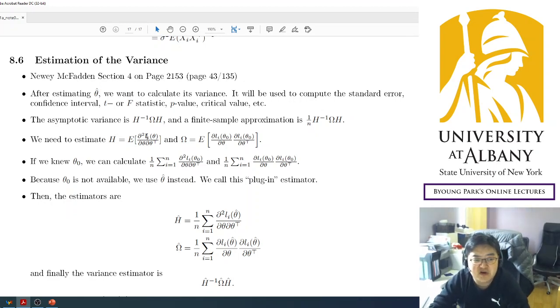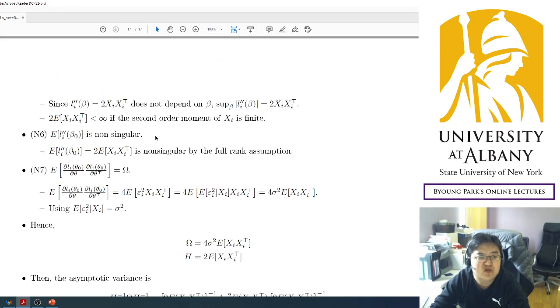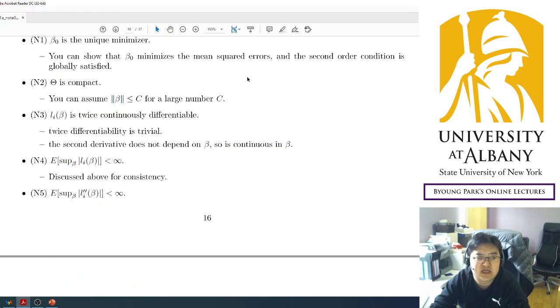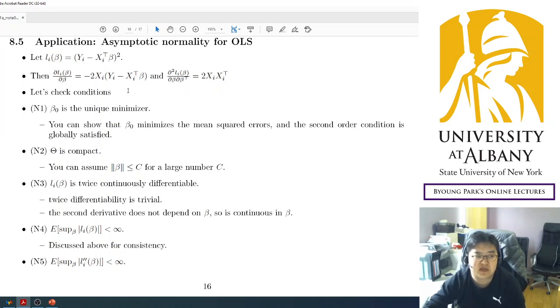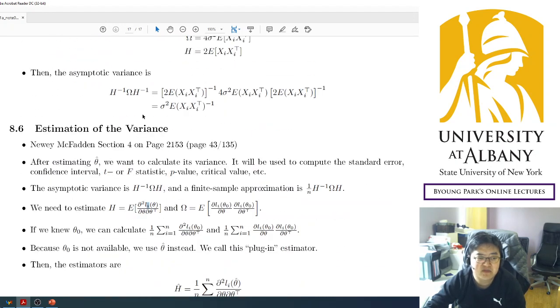The log likelihood function is known. We know how to calculate the first and second derivatives. We can differentiate a known function, so it's not a problem. This step is not a problem, but the problem arises from this. In the matrix H, it's a typo. It should be theta 0, and this should be theta 0 again.